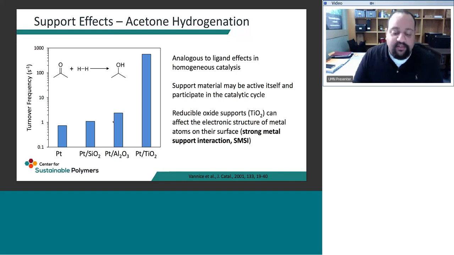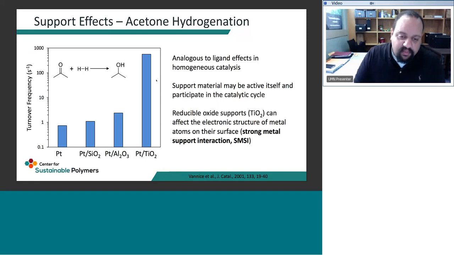but nothing too major. But when you put it on a titania support and you reduce the whole catalyst at high temperatures, or essentially heat it up to about 500 Celsius in hydrogen, you get some very interesting effects where you see this orders of magnitude jump in the reactivity for acetone hydrogenation to isopropanol.